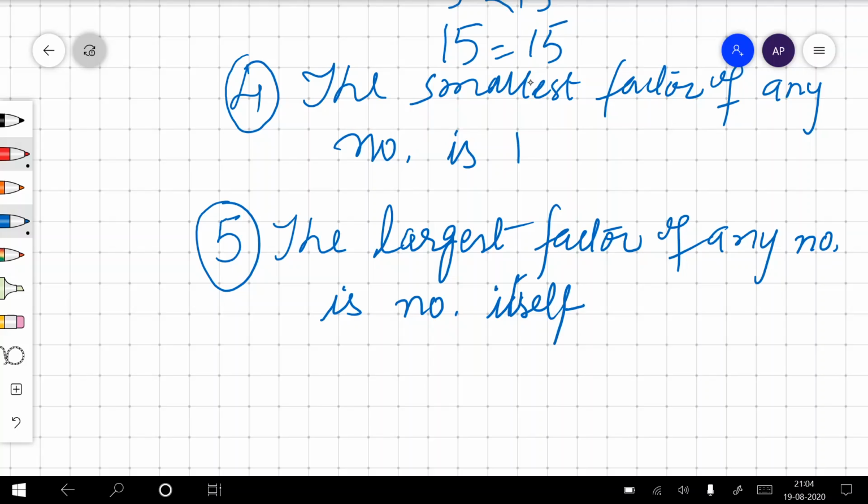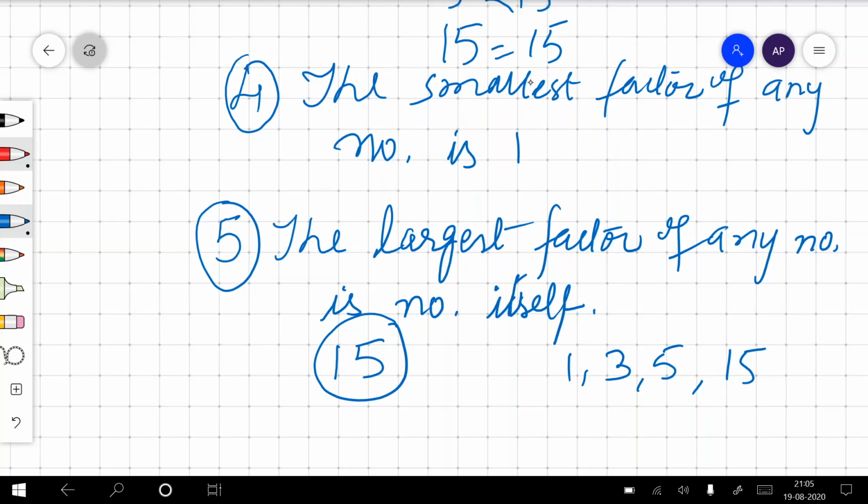After that, you will not get any factor. Like I have given you the example 15. Factors of 15 are 1, 3, 5, 15. After that, no number can be a factor of this number 15.